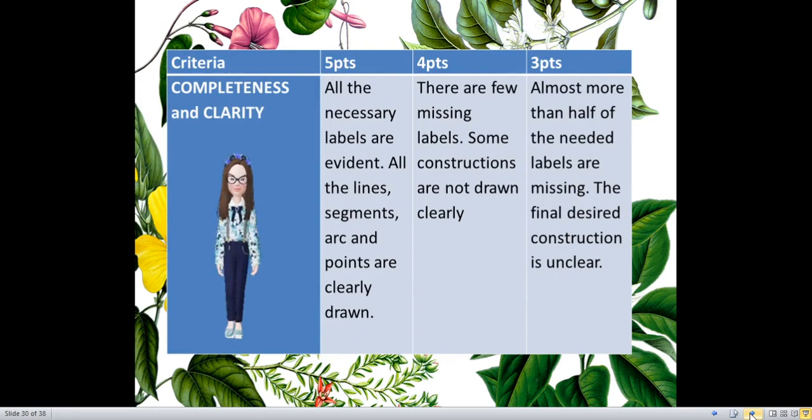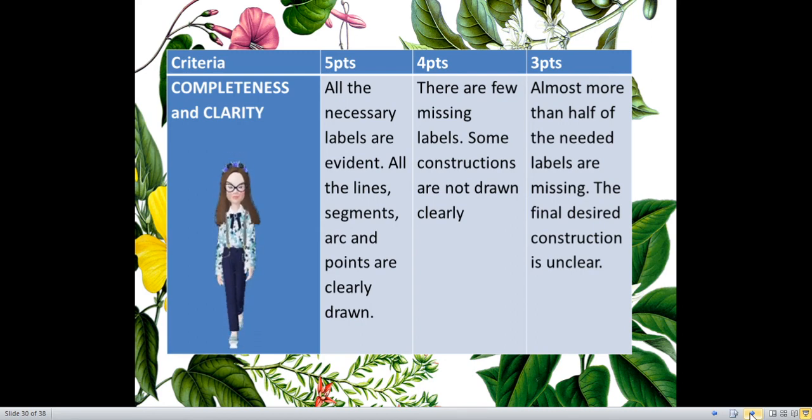We have the criteria or rubrics for you to be rated on the drawings that you will do. Completeness and clarity is worth 5 points: all the necessary labels are evident. It means all the lines, segments, arcs, and points are clearly drawn for you to get the 5 points on each task.